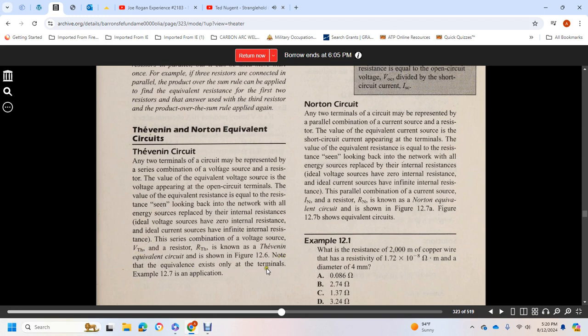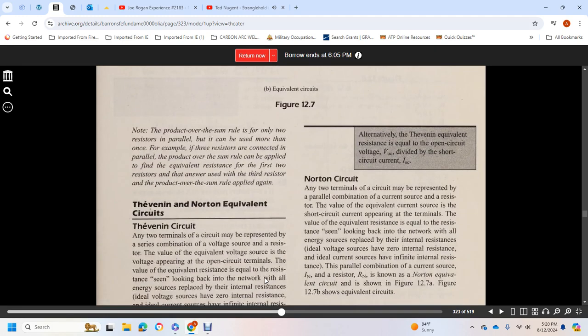Note the equivalent exists only at the terminals; 12.7 is the application. Alternatively, the equivalent resistance equals the open circuit voltage divided by the short circuit current. The Norton circuit is a two-terminal circuit represented by the parallel combination of a current source and a resistor. The value of the equivalent current source is the short circuit current occurring at the terminals, and the equivalent resistance equals the resistance looking back into the network with all the energy sources replaced by their internal resistance, ideal voltage sources having zero internal resistance and ideal current sources infinite internal resistance.